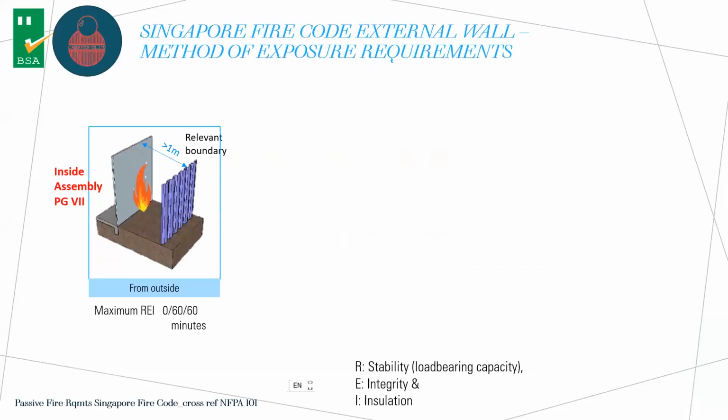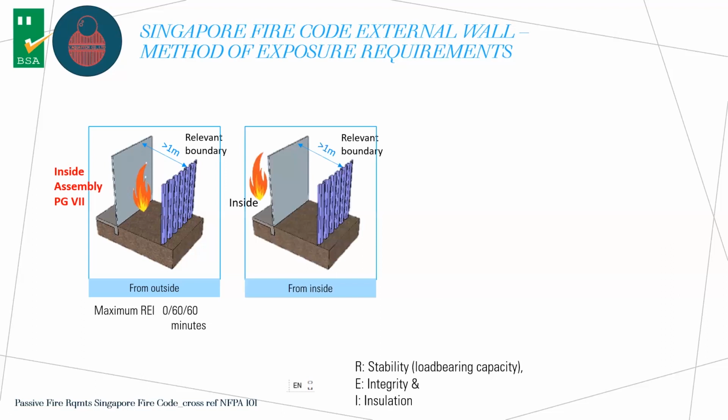Now I show you the Singapore fire code. If your building is assembly purpose group 7 and is more than 1 meter away from the boundary, you need to prove fire cannot spread from outside. If your building is more than 1 meter away but has other kinds of usage, you must prove fire cannot spread from inside out.